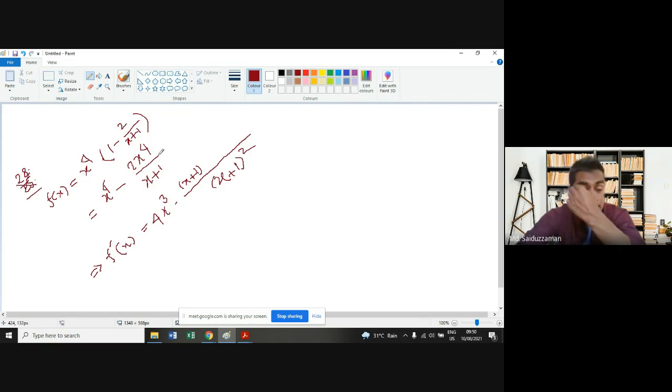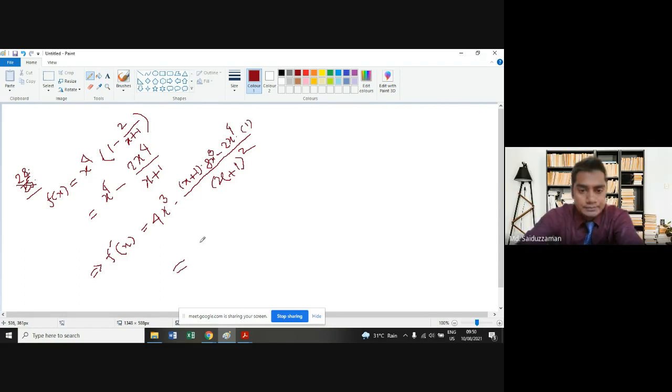Can I write it down in a single line, if you don't mind? It will be 8x cubed. Possible? Yes, sir. Very good. 8x cubed. Then 2x to the power 4 will be here, and the differentiation of v, right? So it will be only 1.